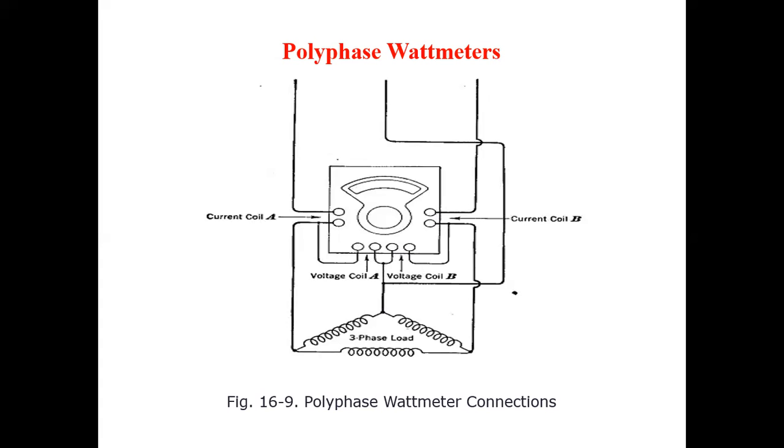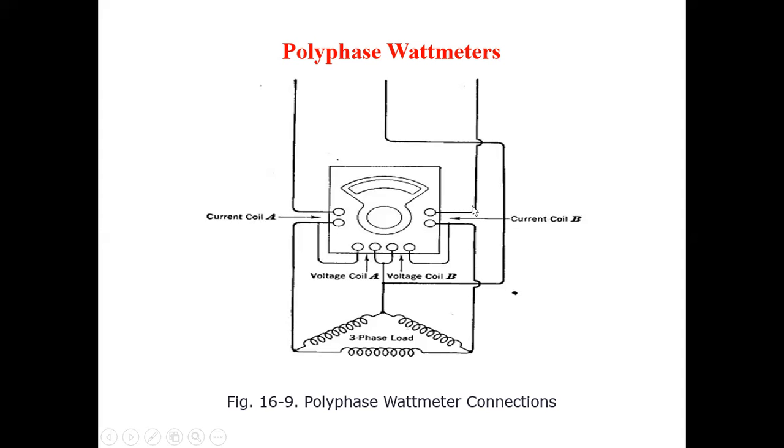The two current coils, current coil A and current coil B, are connected in series with two lines, suppose R and B phase. The two pressure coils or voltage coils are connected to each other. Means this will be short circuited and this will be connected to the third phase of the load.